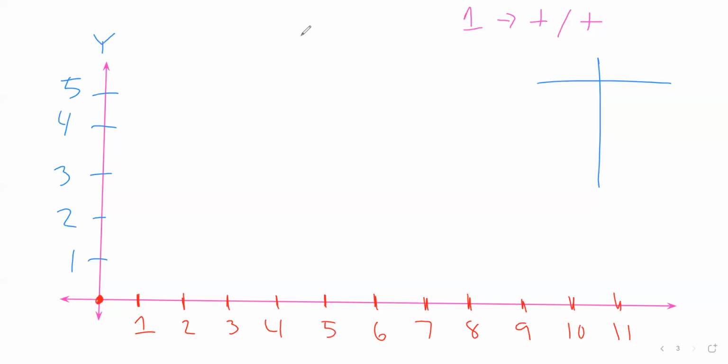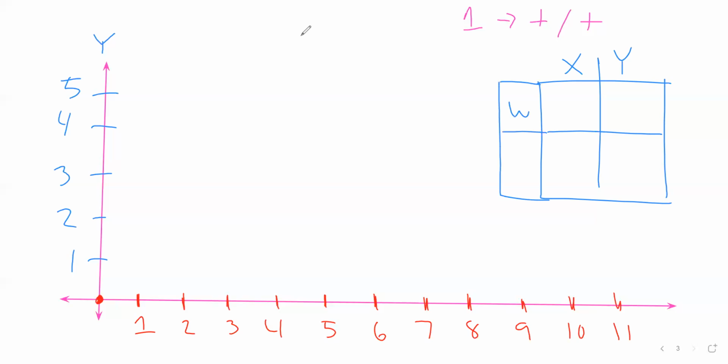So I'm going to build 2 coordinate pairs, each with an X and a Y. Let's call them W and V. So point W, let's just say, lives on 1, 5. And point V lives on, let's say, 7, 5.